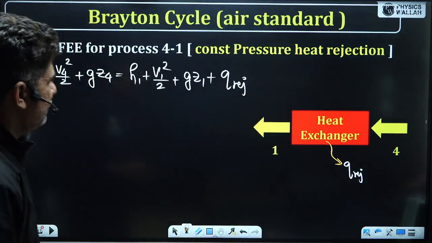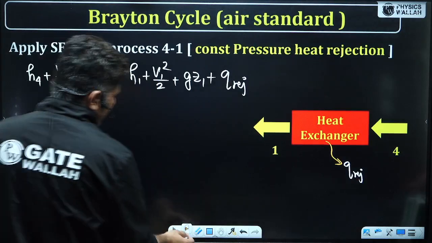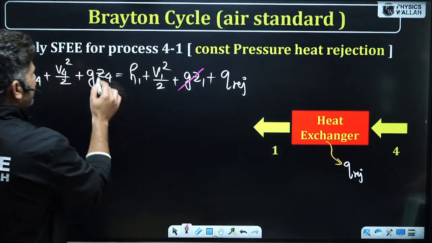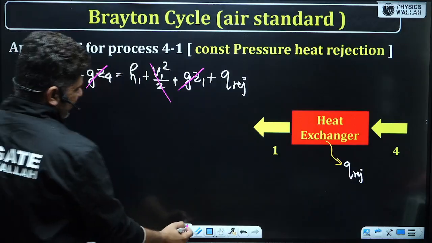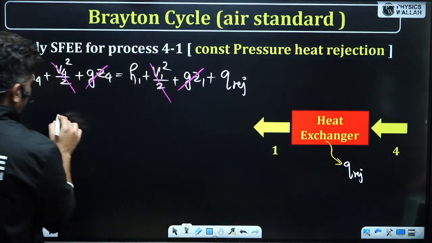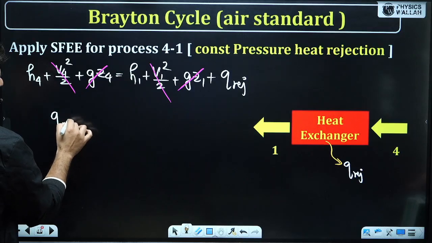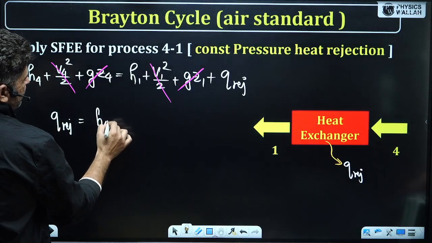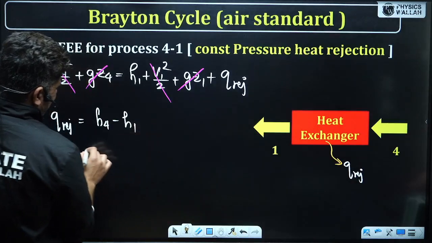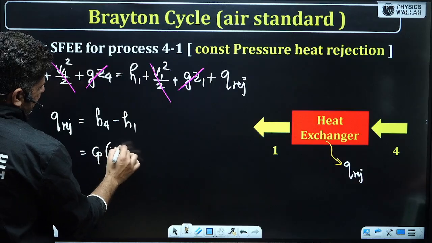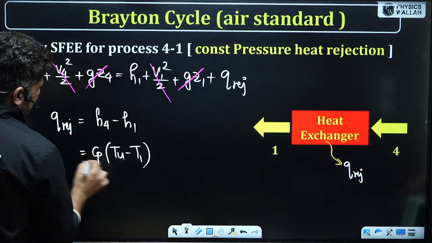Again, the V1, V4 terms will cancel. ZZ1, ZZ4 will be equal, V4, V1 will be equal, and you will be left with only 3 terms. And from here you can see that heat rejection will be equal to H4 minus H1. And this can be written as Cp T4 minus T1.